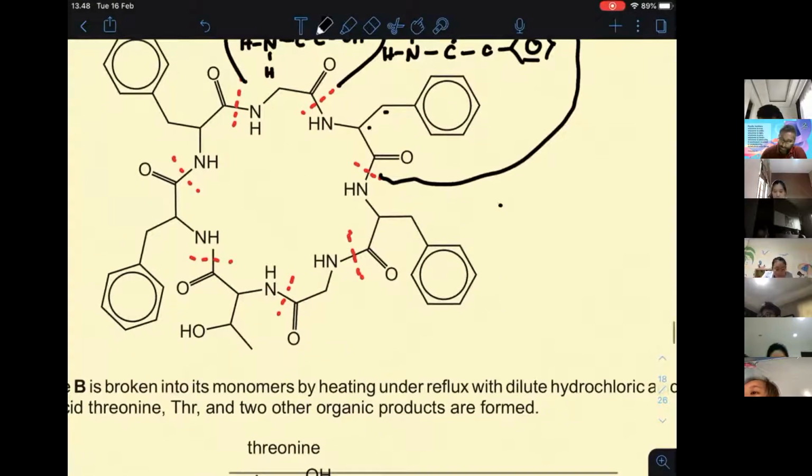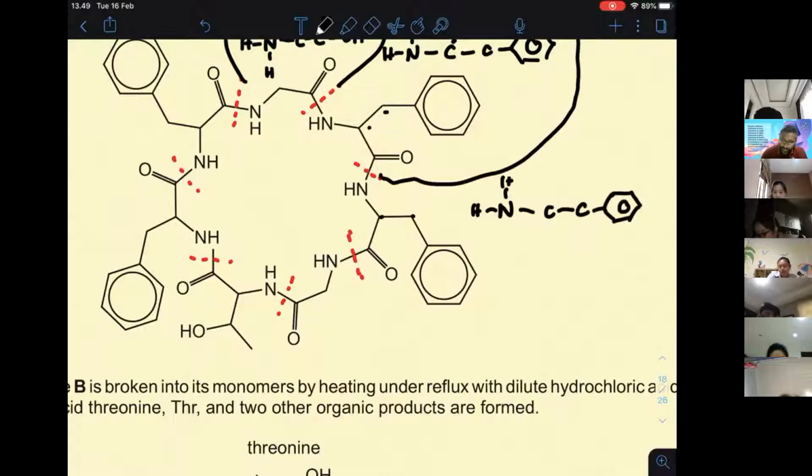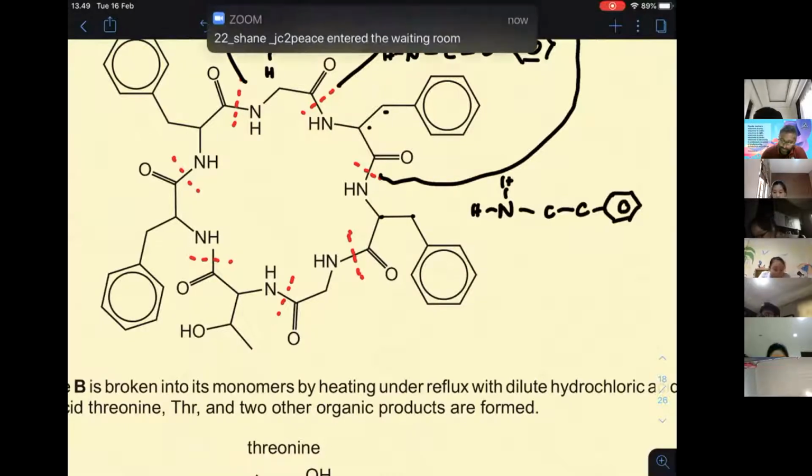Here NH, bonded to carbon, and then this carbon is bonded to carbon, bonded to another carbon, bonded to benzene. Then this carbon is bonded to another carbon, double bond O, and then OH.